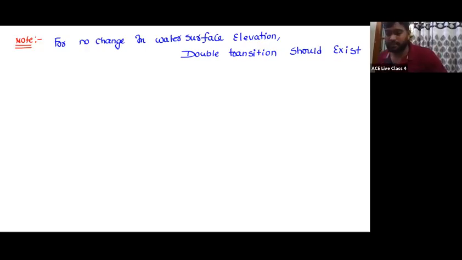Double transition should exist. So based upon that, if I say the double transition, what are the conditions?